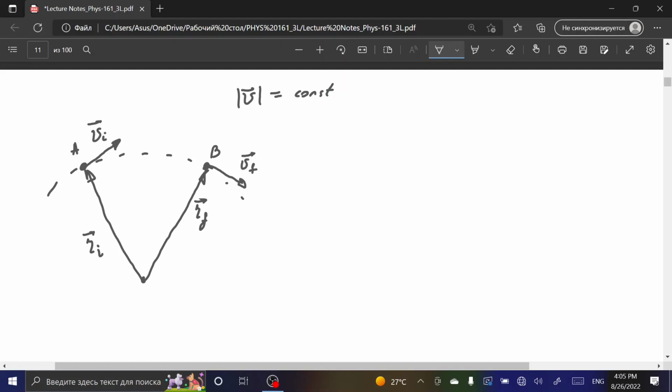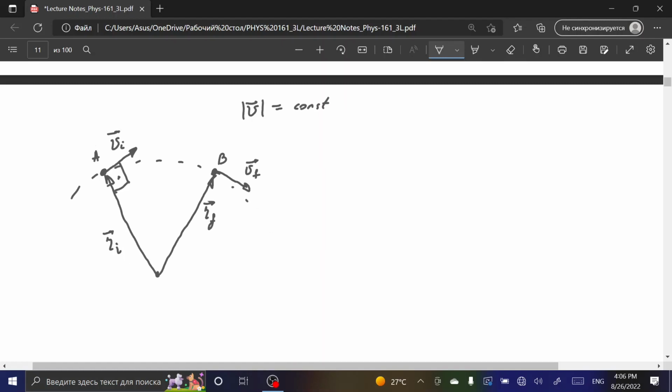However, we deal with a vector quantity, not a scalar, and we have not only magnitude but also orientation. You can see here that the orientation of the velocity vector is changing. Keep in mind that we always have a right angle between the radius vector and the velocity vector, so they are always perpendicular to each other.